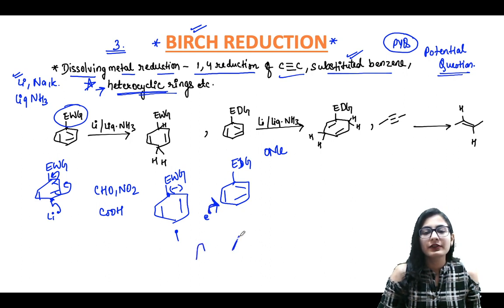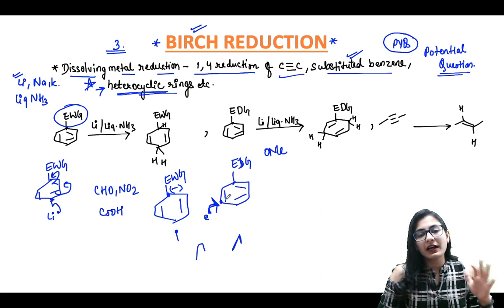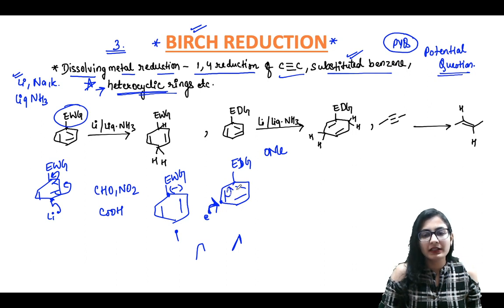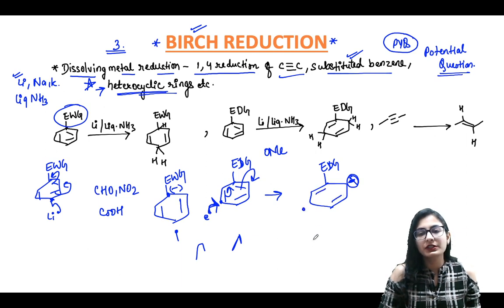It is going to be transferred away from the electron donating group, such that the negative charge is also not falling on the carbon close to the electron donating group. It must be somewhere on the ortho position. Let's say this is our minus over here, this is a bond, and this is an electron over here. Again they have to be on the 1,4 position.